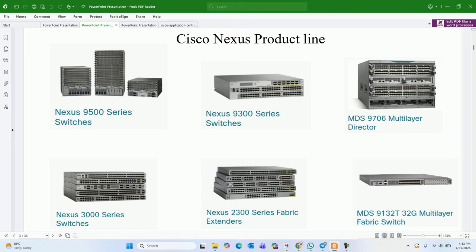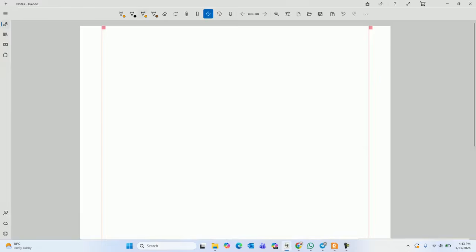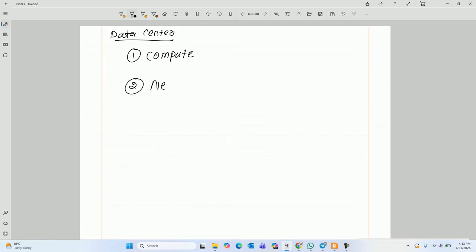Data center network is mainly built on three technologies. In the data center network you will find compute, network, and storage. So you have the compute resources, the network resources, as well as the storage resources.